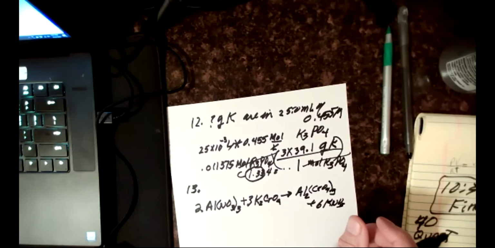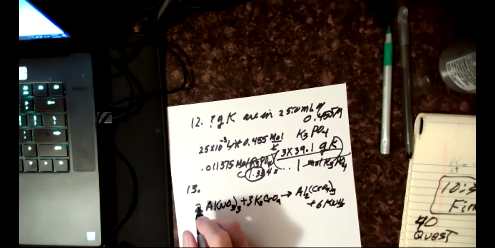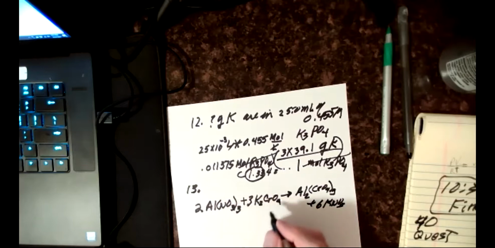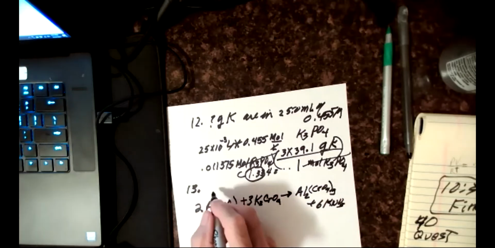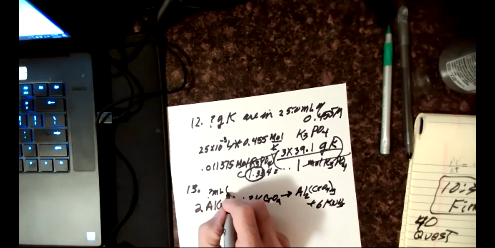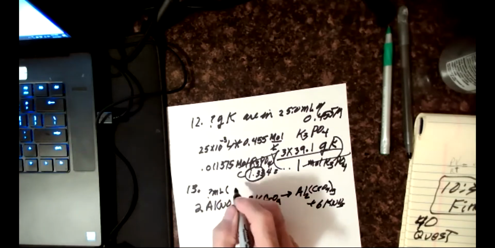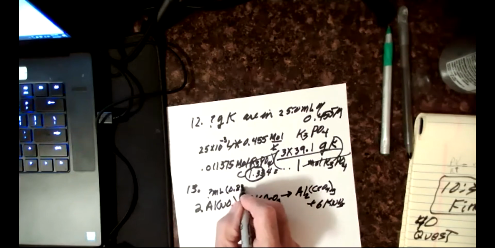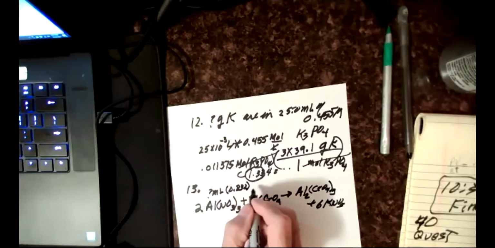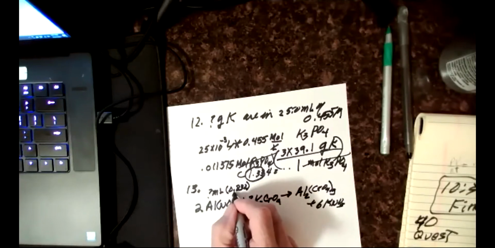And it says the number 13 is how many milliliters of the aluminum nitrate. Okay, so I want to know how many milliliters of this, molarity 0.832. That's the molarity of the aluminum nitrate.